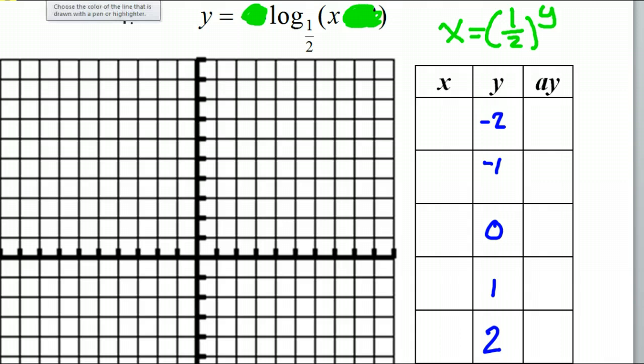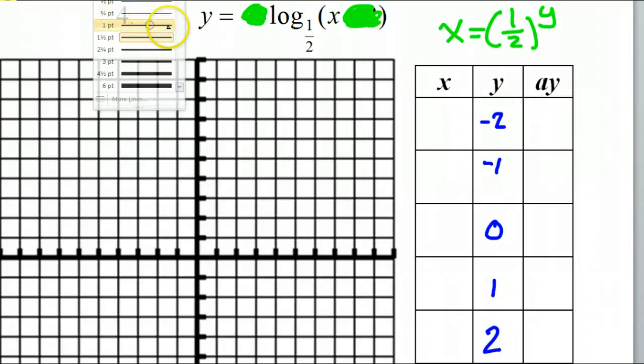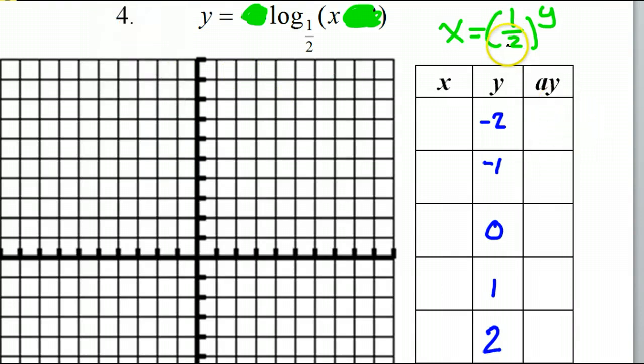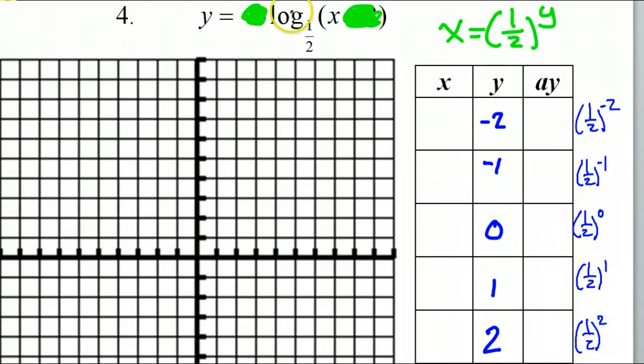That means I'm doing 1/2 to the -2 power, 1/2 to the -1 power, 1/2 to the 0 power, 1/2 to the 1 power, and 1/2 to the 2nd power.